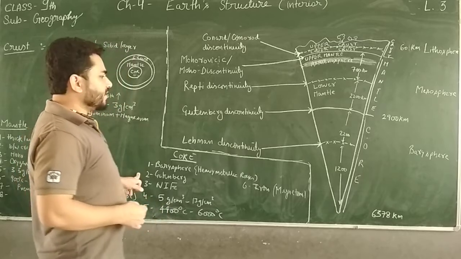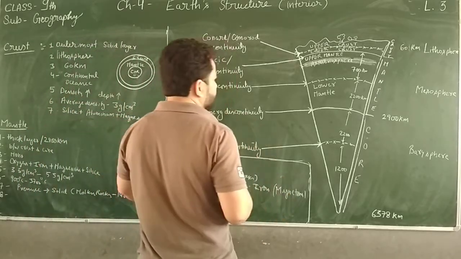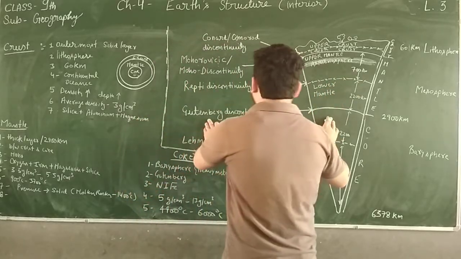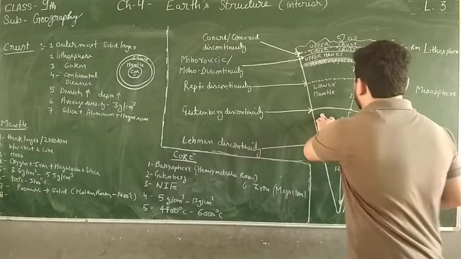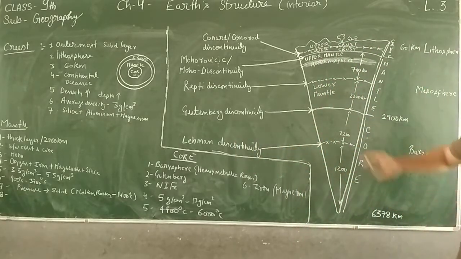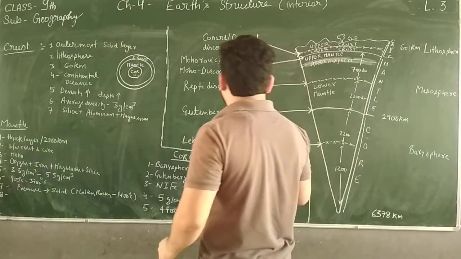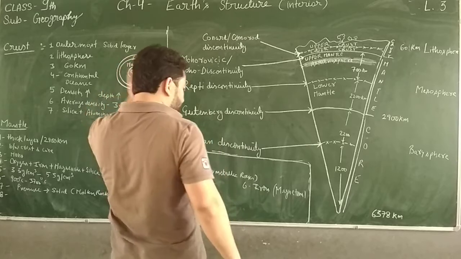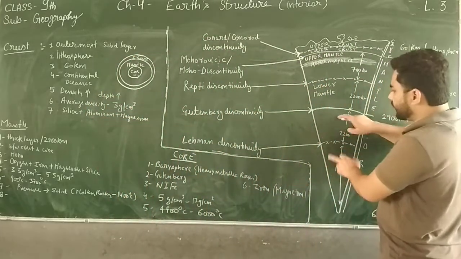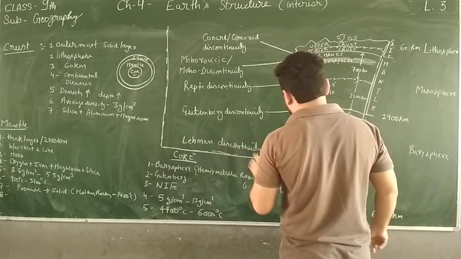Then the discontinuity between the mantle and core is called the Gutenberg discontinuity. The layer where the properties of the mantle and core change is called the Gutenberg discontinuity. Then the layer between the outer core and inner core is called the Lehmann discontinuity.